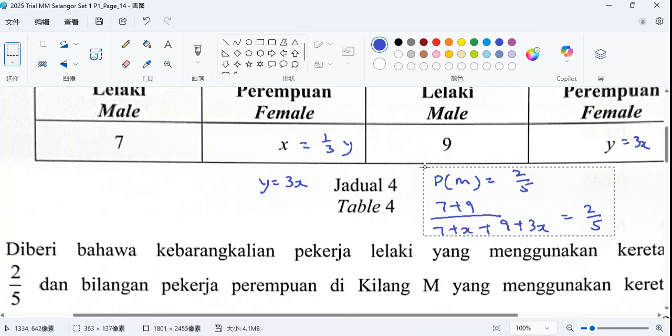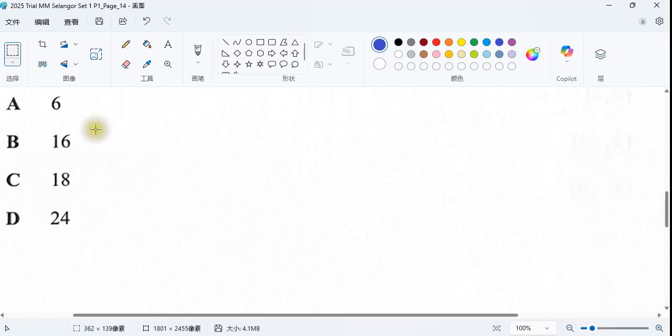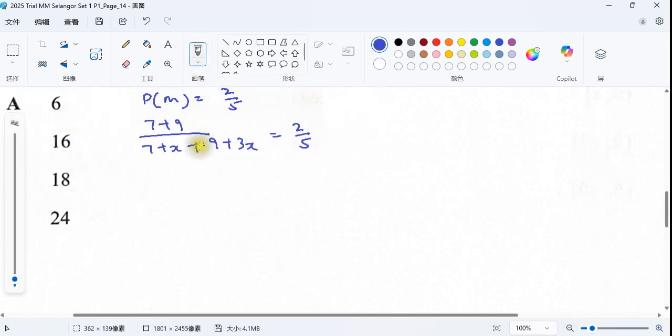So from here, we will get the equation. Then 16 times 5 equals 2 times 16 plus 4x. Divide by 2, then we have 8.